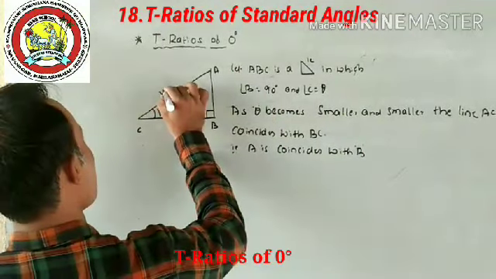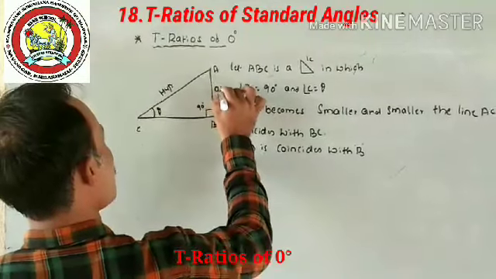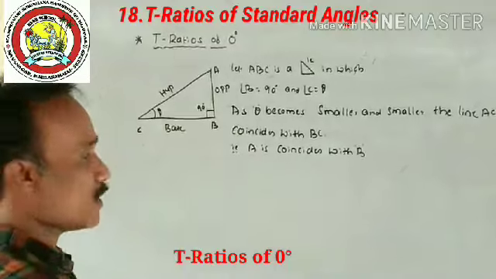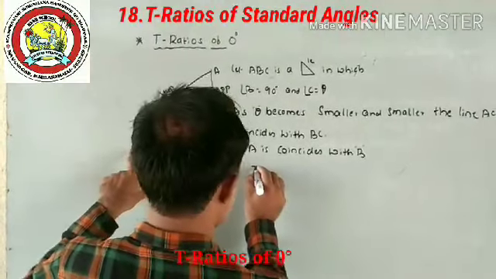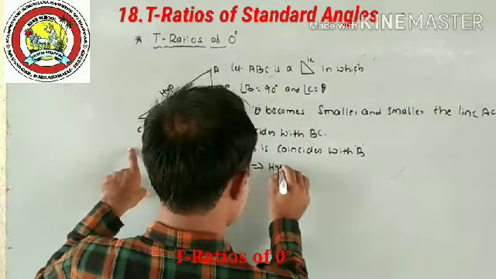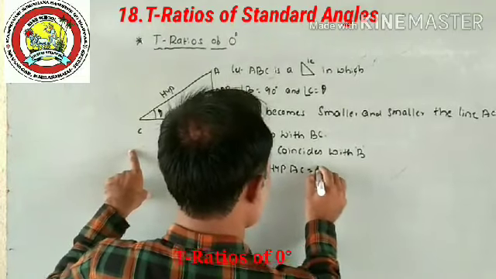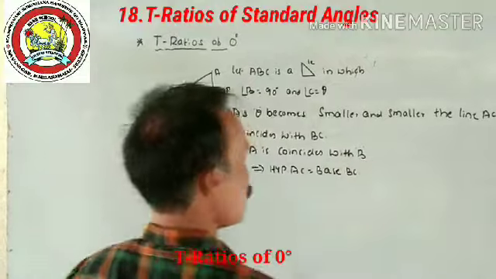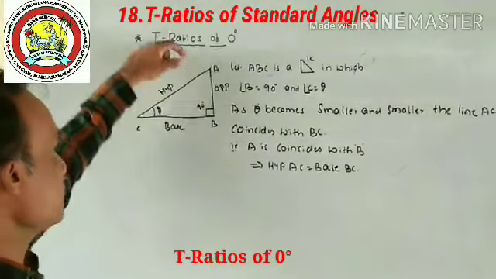This is the hypotenuse. What about this one? Opposite. What about this one? Base. Very important: which implies hypotenuse AC is equal to base BC.